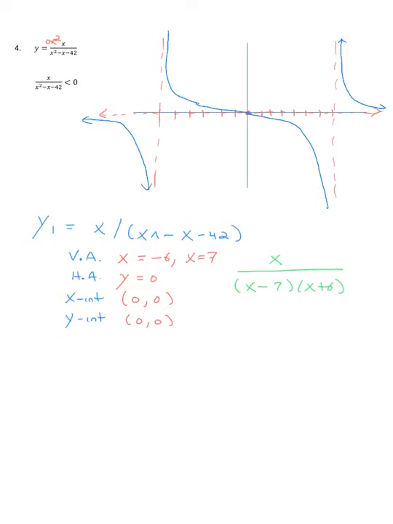To answer the inequality, when is this equation less than 0 must be referring to this and this. So the answer to this problem is everything from negative infinity to negative 6, as well as everything from 0 up to 7.